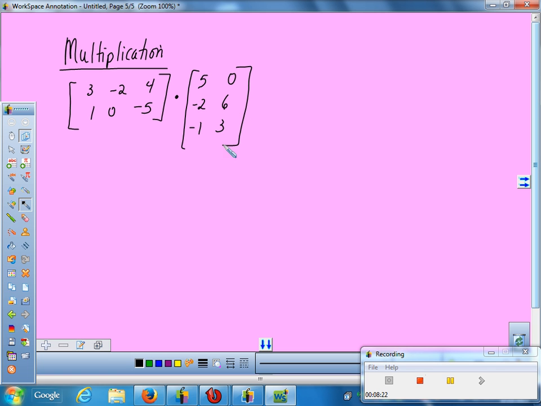Well, in this case, the dimensions have to be the same if you're adding and subtracting. If you're multiplying, let me explain what you multiply and then you'll understand what the dimensions tell you.